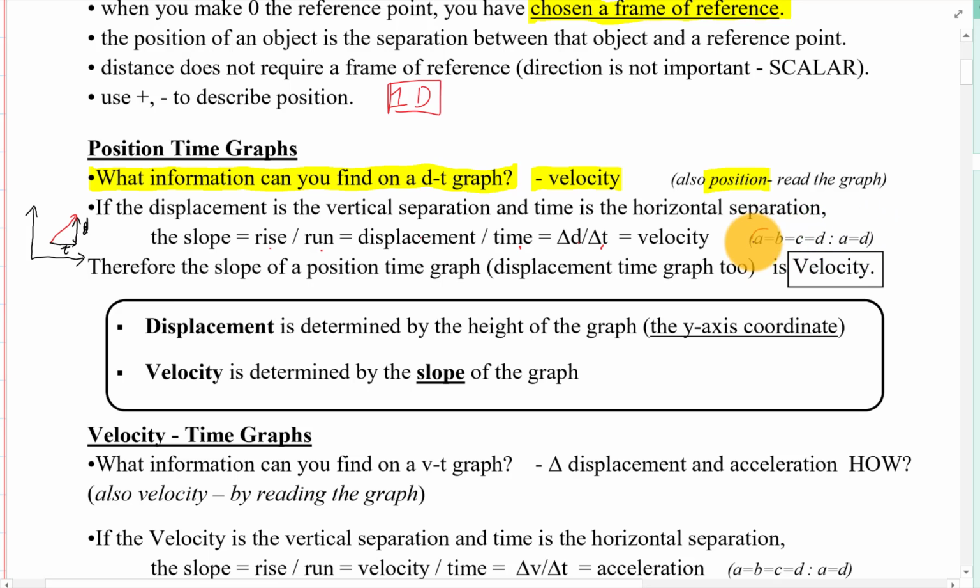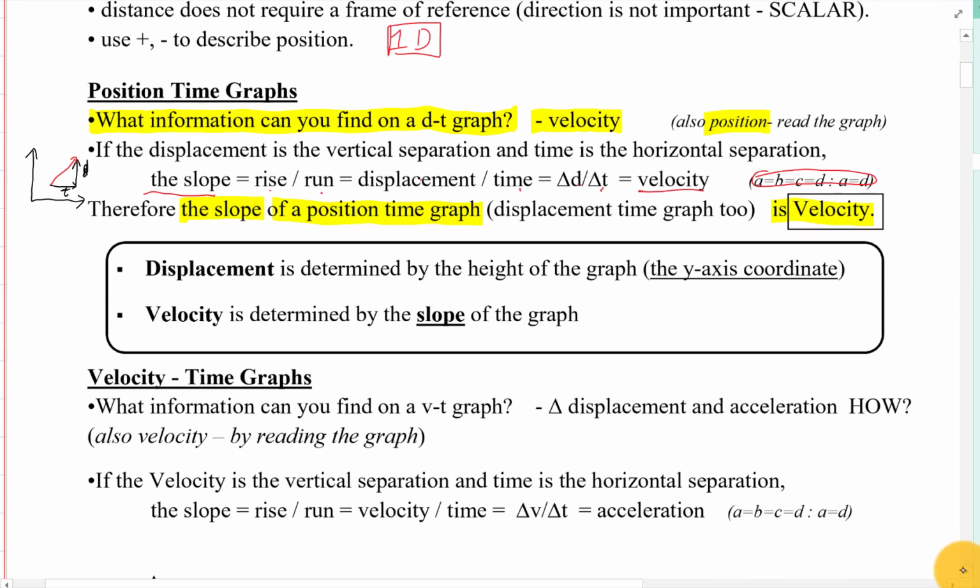So the slope is the velocity. Okay? The slope of a position time graph is velocity. So what I put into the oval, highlighted, that's what we just learned.